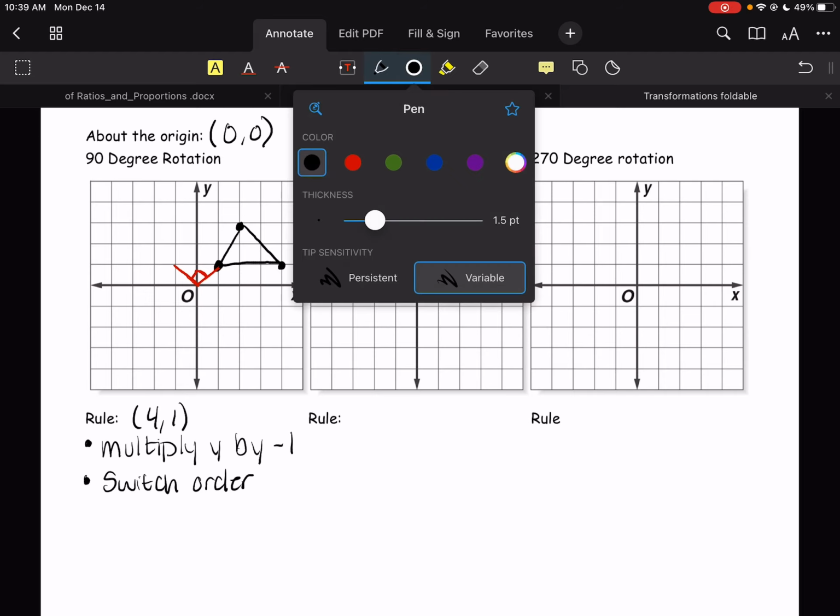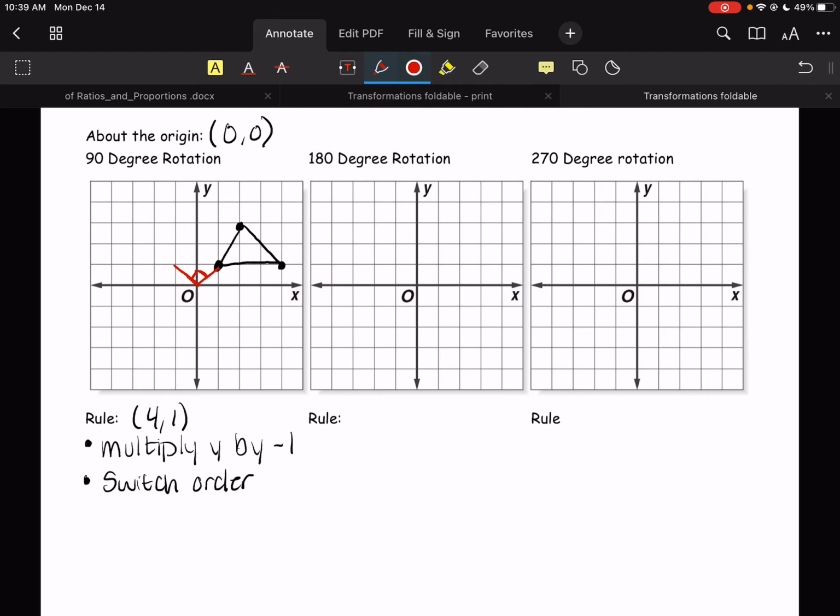So my new coordinate then, if it was 4, 1, which was the coordinate over here, I'm going to multiply the y value by -1, which gives me -1. So now my y value is -1. And then I'm going to switch the order. So I'm going to take that new y value, so -1, 4. And that would be my new coordinate. So I'm just switching all of those around.